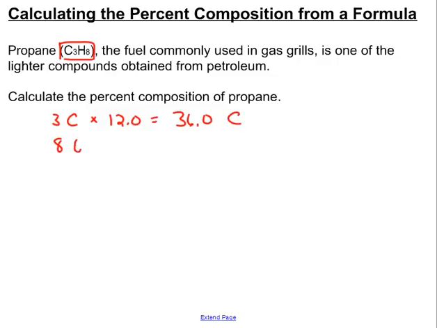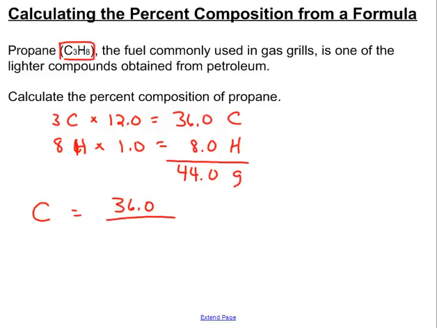There are 8 hydrogens, times the mass of one hydrogen, 1.0, so the mass of the hydrogen in this compound is 8.0. Adding it up, the total mass of this compound is 44.0 grams.